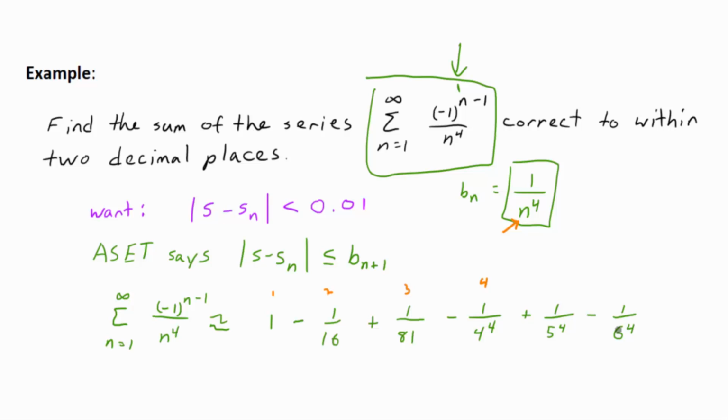Because whatever that number is will be less than 0.01, right? So we need the Bn plus 1 to be less than 0.01. But that means it's going to be a number with two zeros right after the decimal. So you can run it through your calculator, but I'll also illustrate it with my calculator.